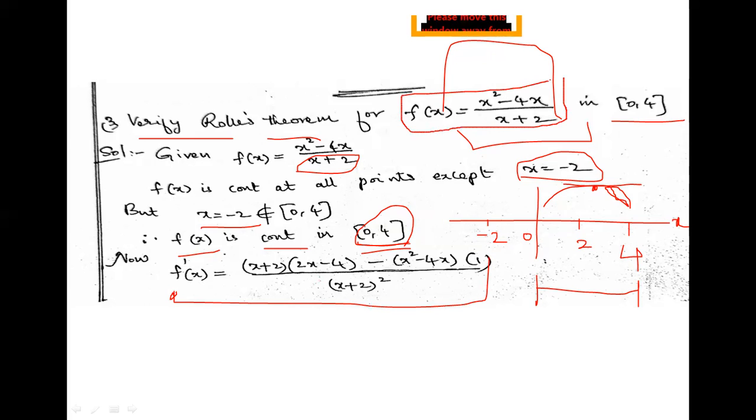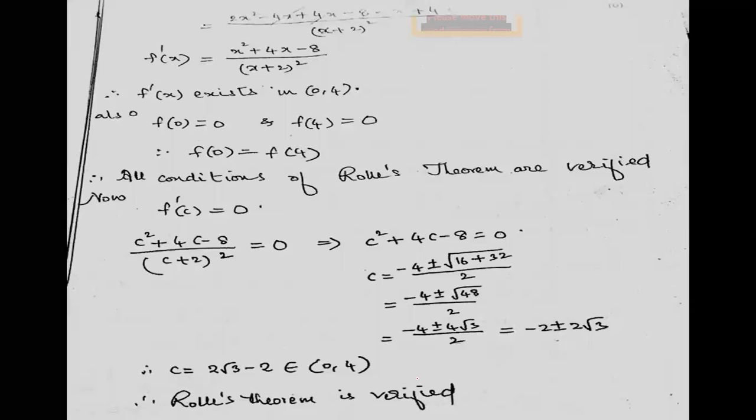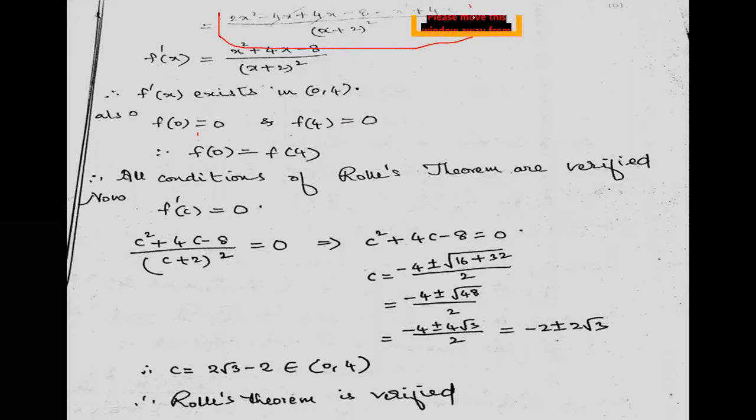It is in the form of u by v, so apply the u by v rule: v u dash minus u v dash by v square, whichever form, apply the formula and simplify. You will get this as the answer.